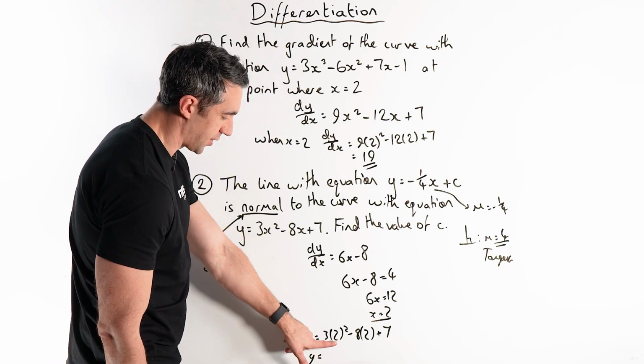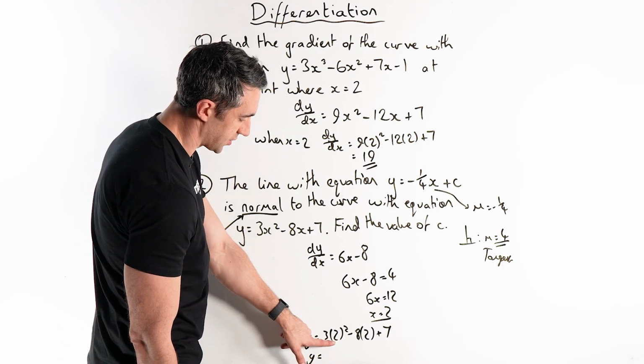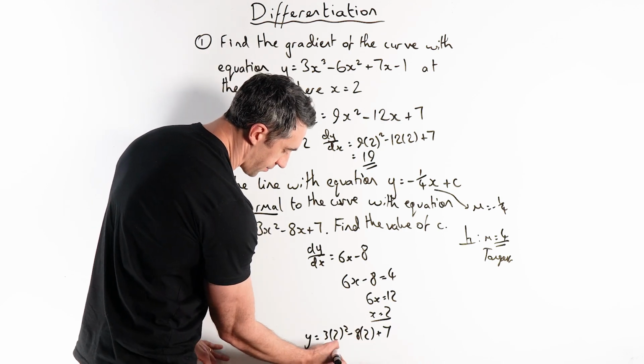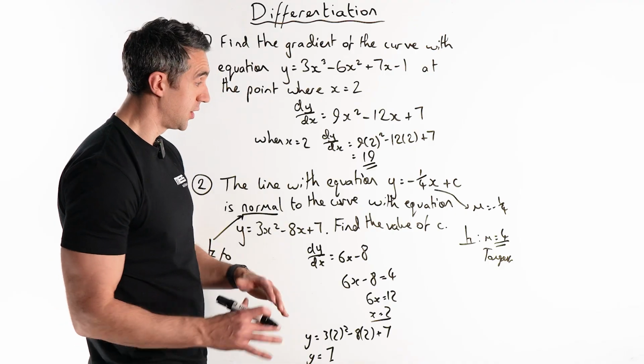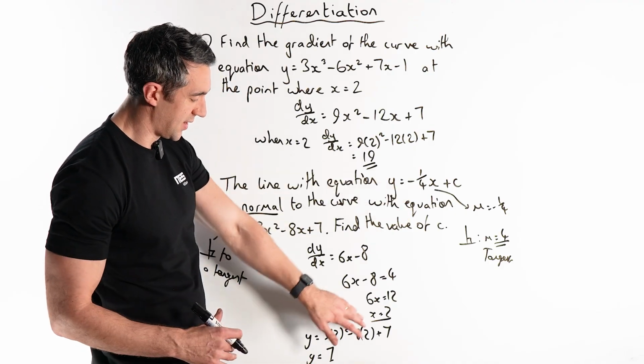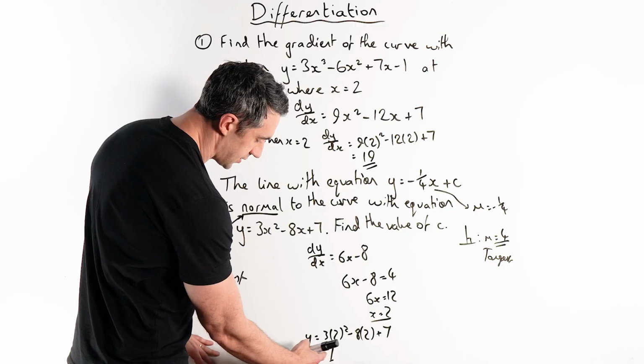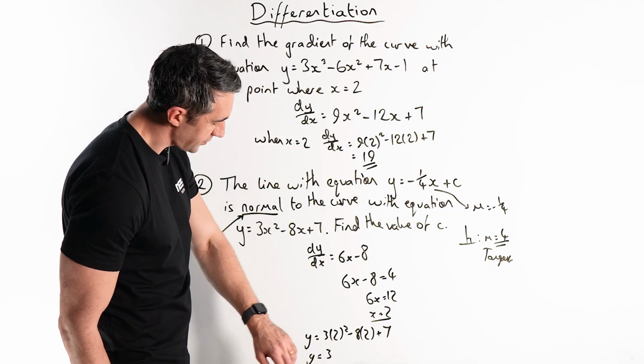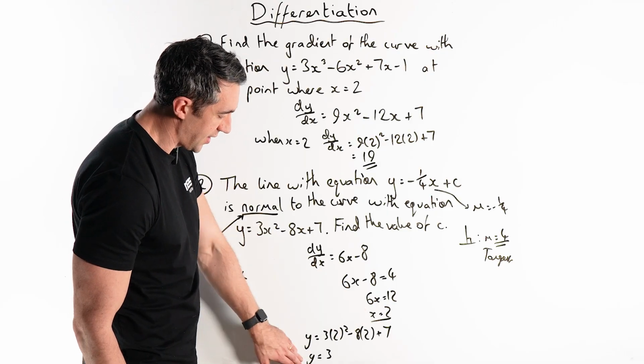Go through and work that out. So 2 squared is 4, times 3 gets us 12, minus 16 gets us minus 4, plus 7, we get 3. So the point where the line is normal to the curve is at the point (2, 3). Don't know why I wrote a 7 there. Edit that. So we get 2 there, 3 there, so that's the point.